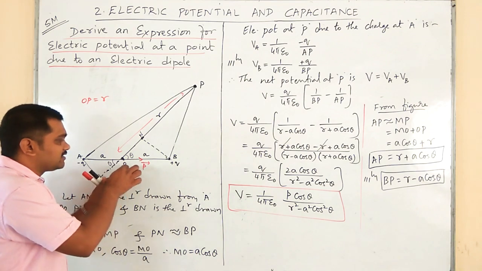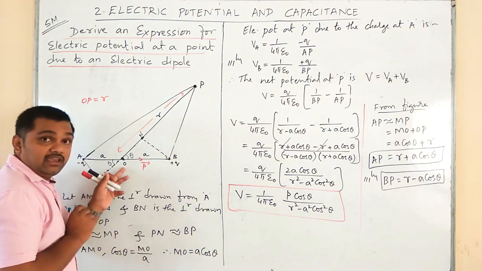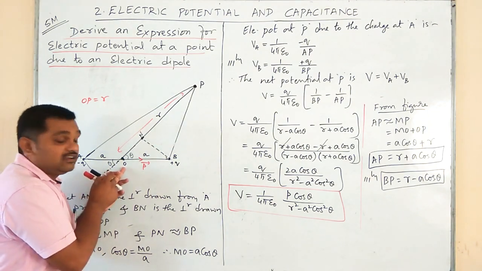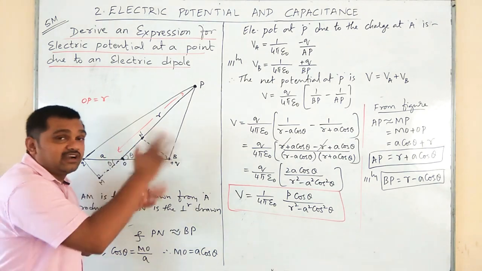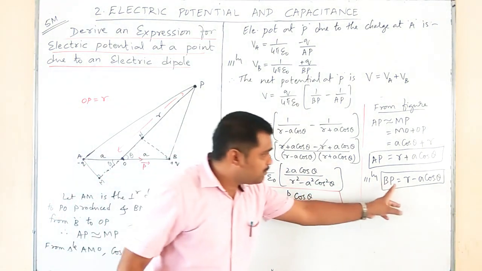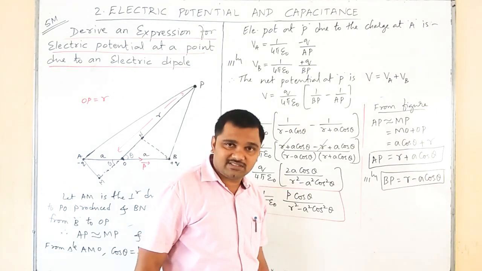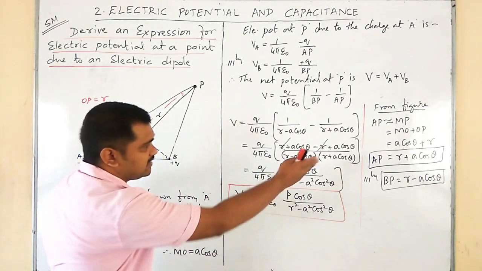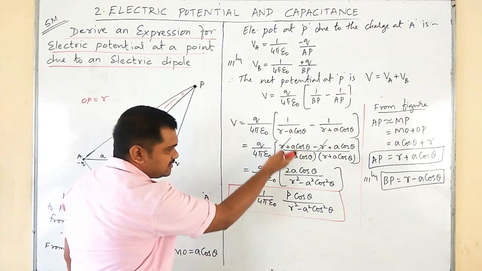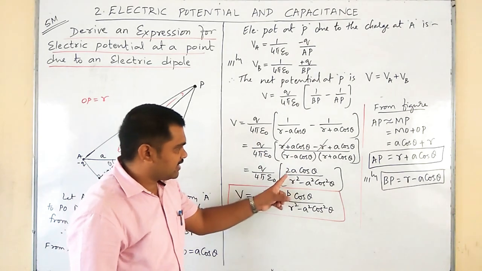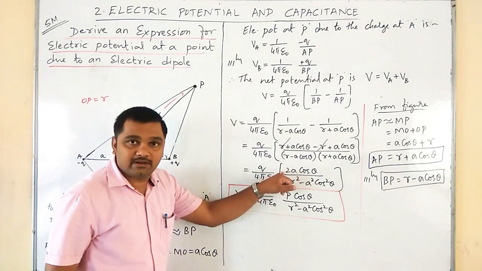Similarly, if we consider this triangle ONB and take cos theta as adjacent by hypotenuse, what we get here is BP is equal to R minus A cos theta.